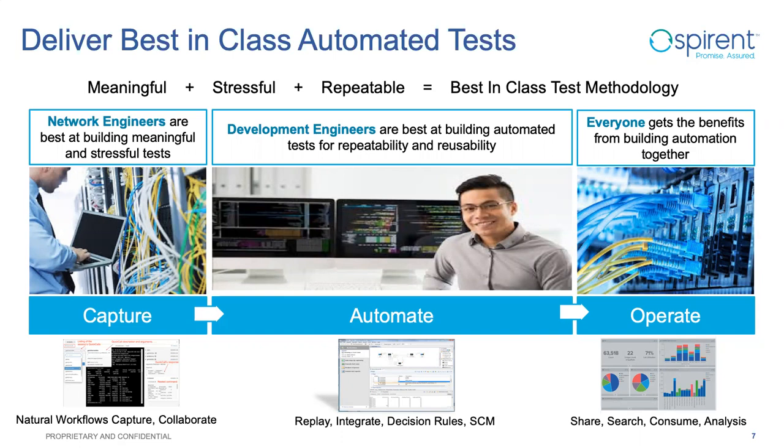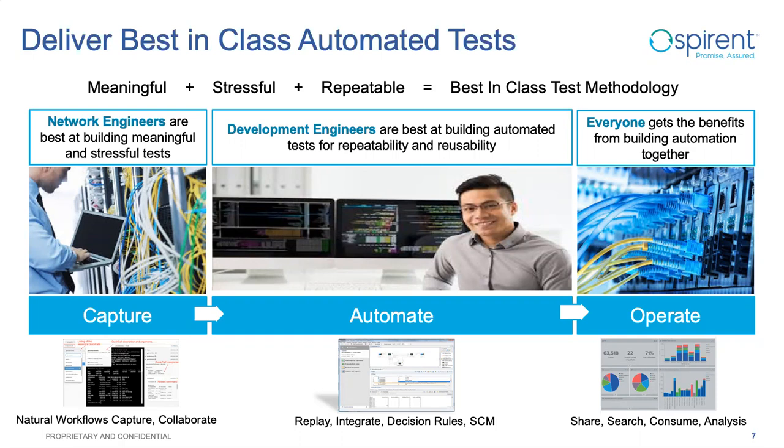If you look at the different components in a test environment, we see network engineers building meaningful and stressful test cases. That means they know the products. They know how the product breaks. They know what parts of the product need to be tested, whether it's new functionality or capabilities that just tend to be more fragile. But when we talk about repeatable, that's where our automation engineers become much more valuable, right?